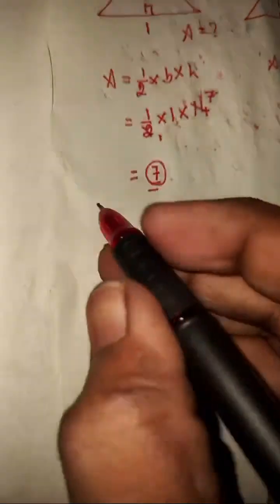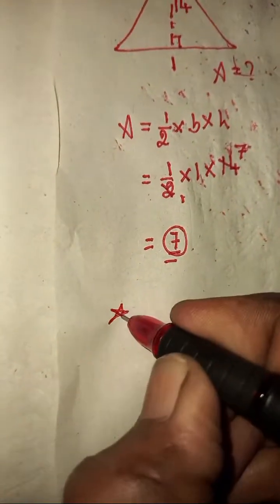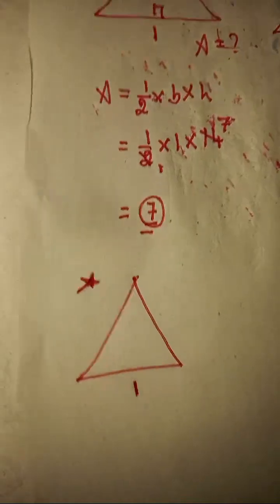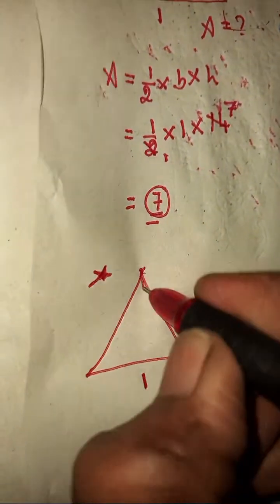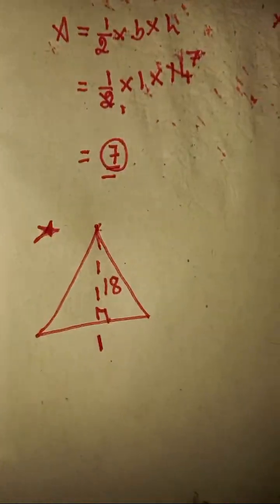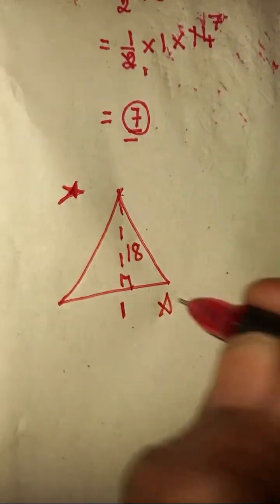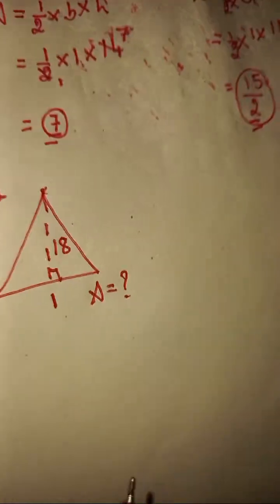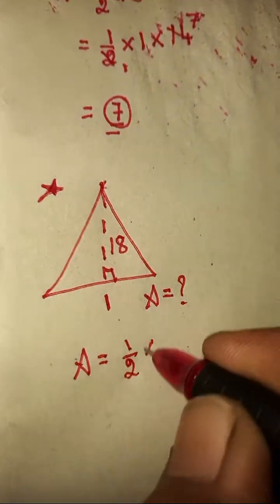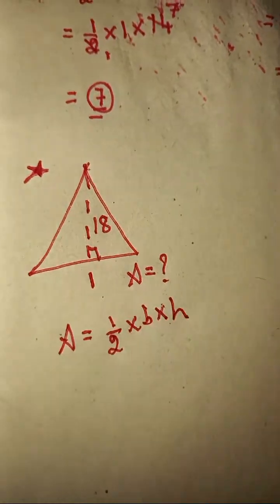And let's take one more triangle. Here in this triangle, the base length is 1 unit and the perpendicular height is 18 units. Now find out the area. Area equals half times base times perpendicular height.